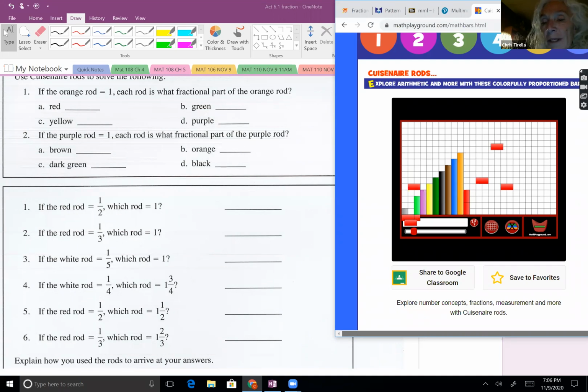How many reds would it take to fill in the orange? Any ideas? What fraction would the red be of the orange?